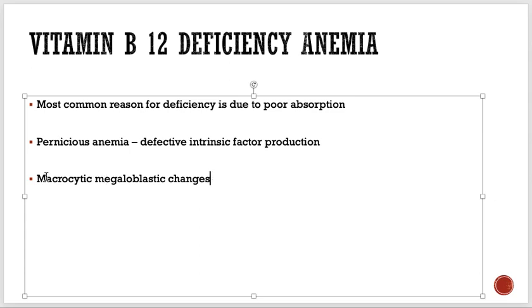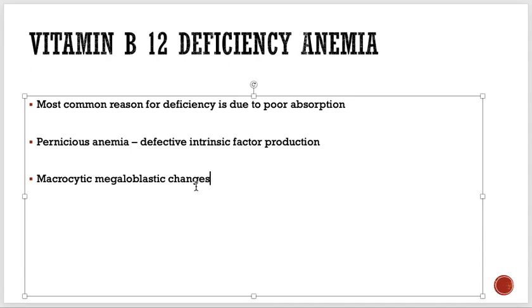We call those changes megaloblastic changes, right? Whenever people have macrocytic anemia, we see whether it is with or without megaloblastic changes. Whenever it is with megaloblastic changes, the cause can be vitamin B12 or folate deficiency.